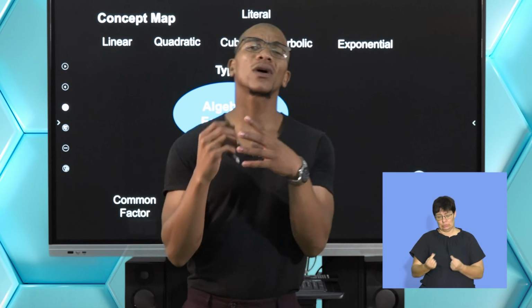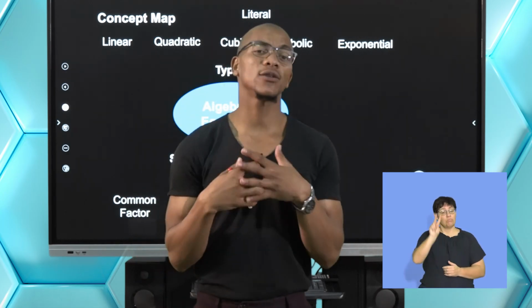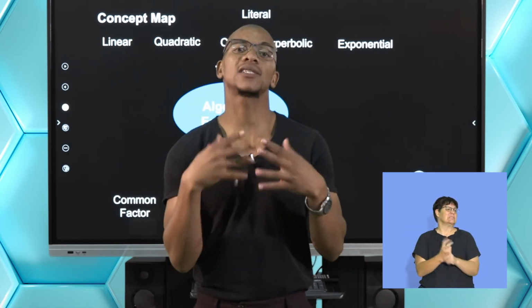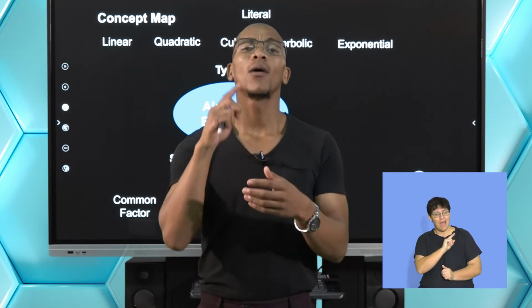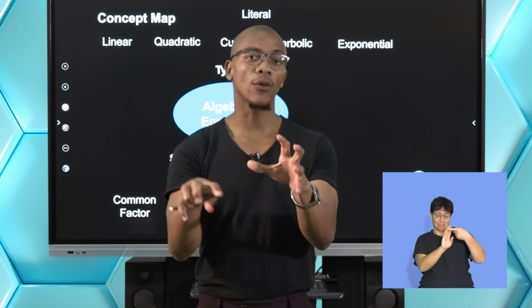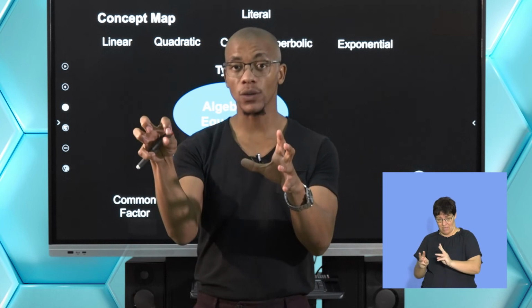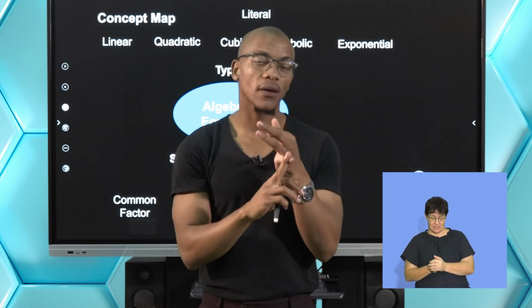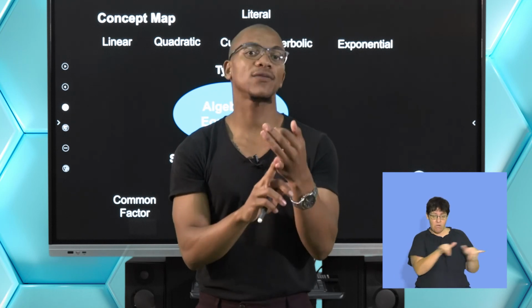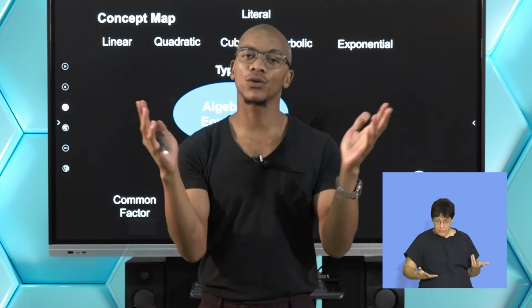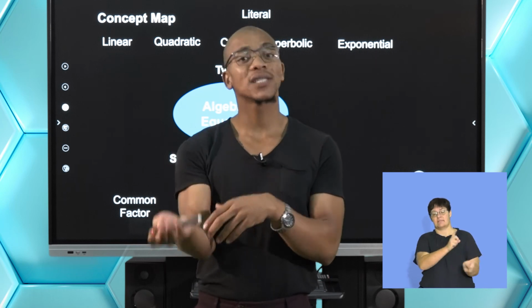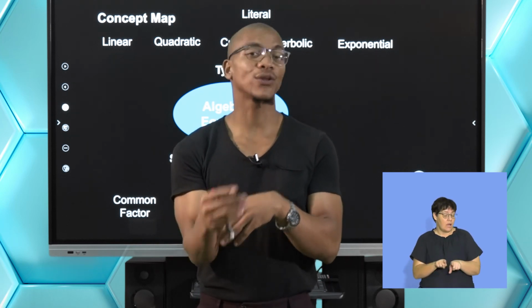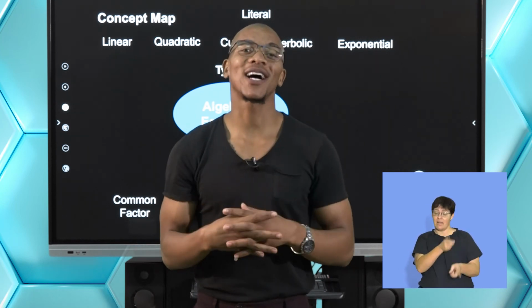Guys, quadratic equations are really not that difficult, as long as you make sure that one, it is always in standard form where one side is 0 and then everything else is on one side. Look for the common factor if you can find it. If not, just factorize and then go straight to your answer. Also, test your answers at all times so that you know that you have got your answers correctly.